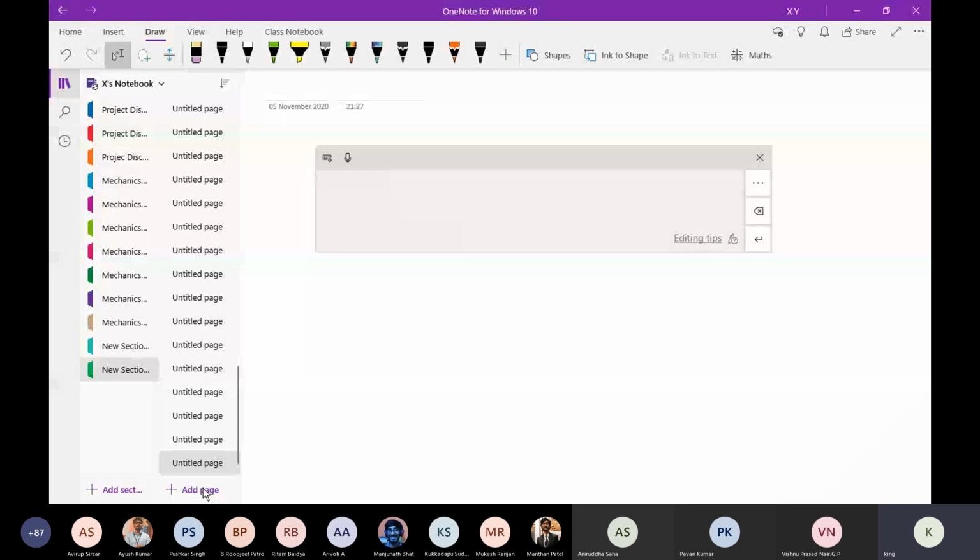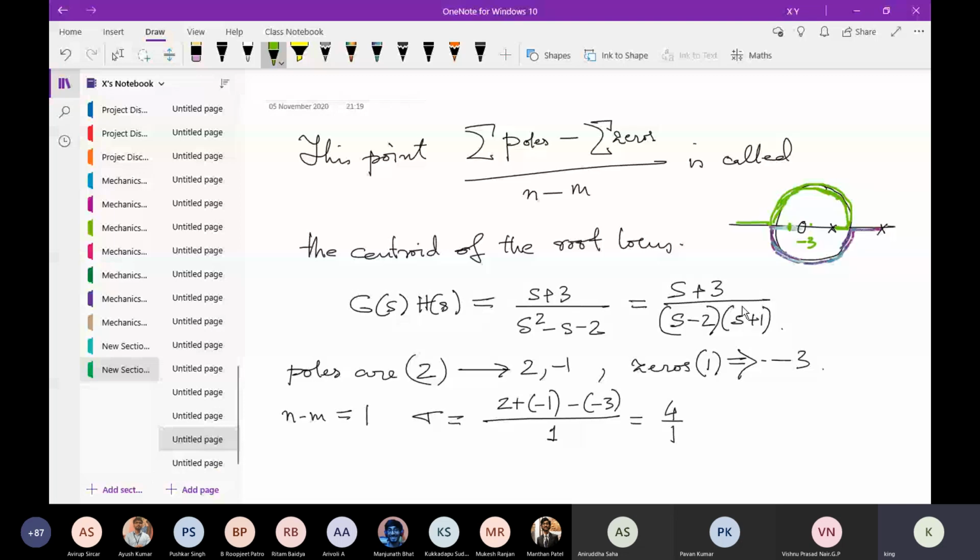Sir, where was the point 4 in this diagram? Out here, see, the zero is at minus 3. So your zero will be at minus 3.